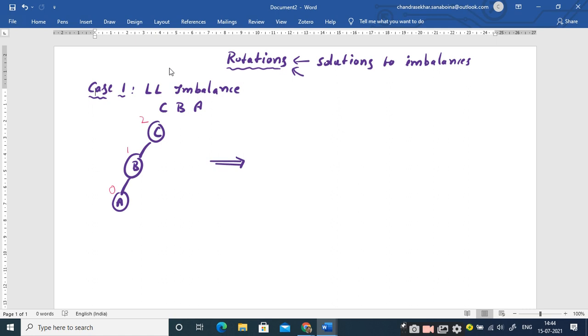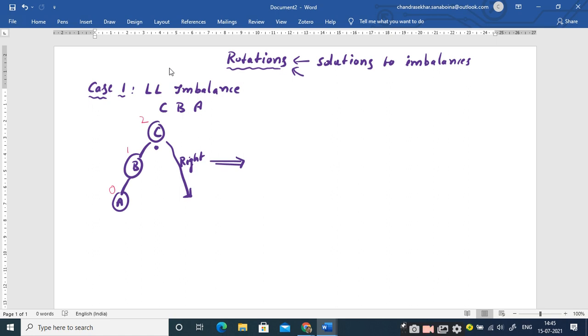Right. So what happens here is you try to pull this C in this direction towards its right side. Listen carefully. So I am trying to pull the C towards the right hand side. So pulling means not like this. So assume that there is a holder here. So assume that CBA is hanging like this, and if I pull C in this direction, in the right side direction, what happens here?